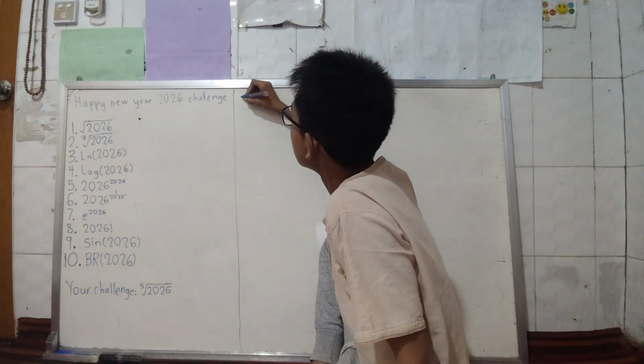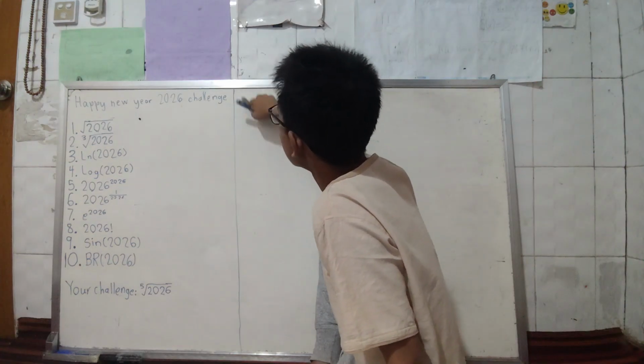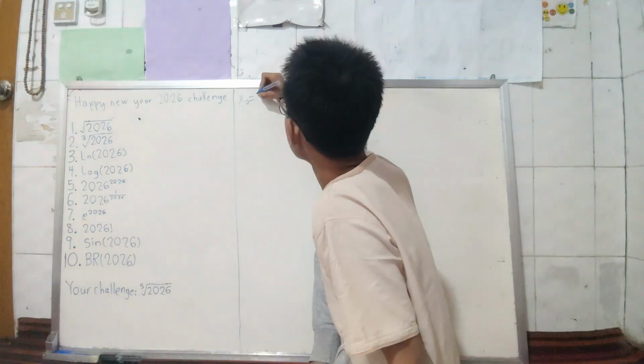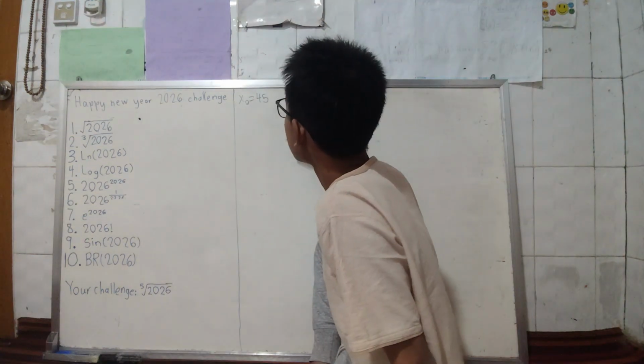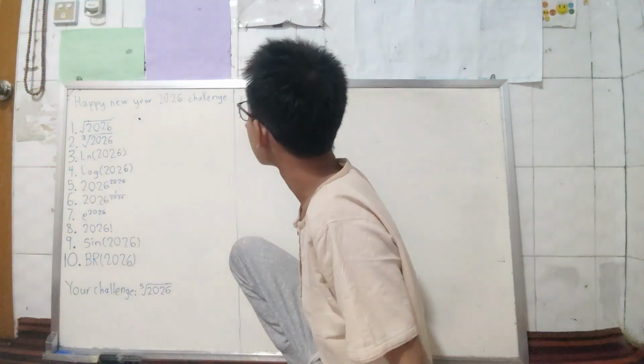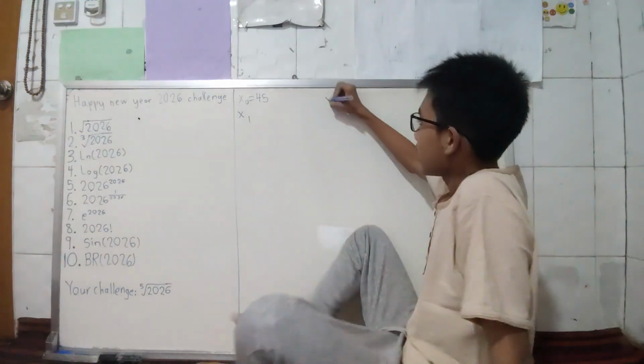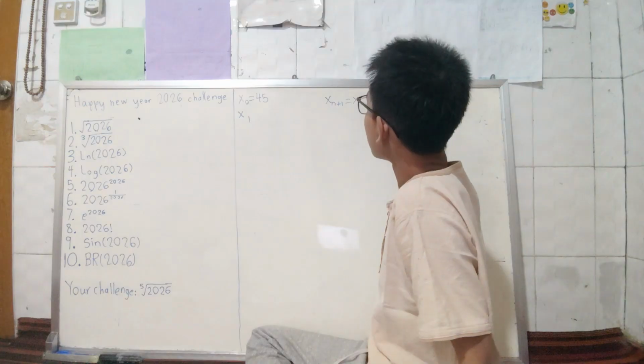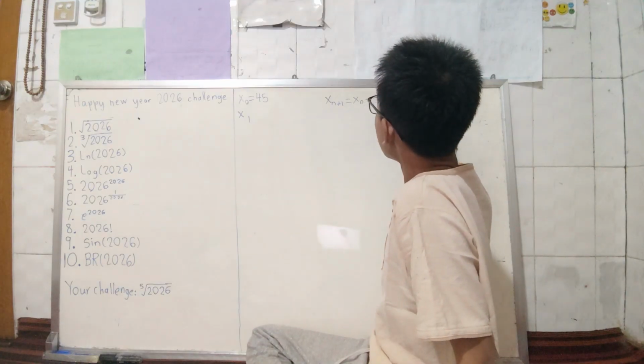So 2026, that's going to be x. We're not going to use Newton's method. We're going to use Halley's method, which says that x of n plus 1 equals x of n minus a big fraction.